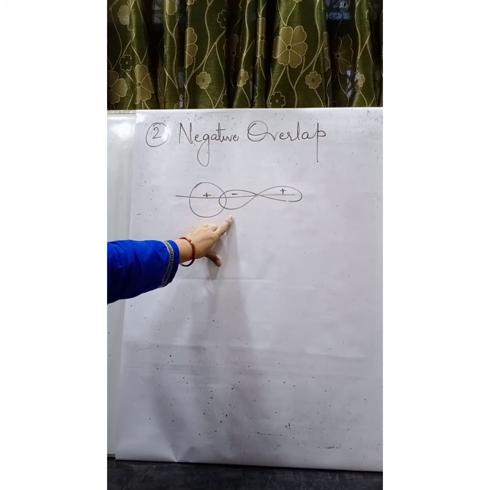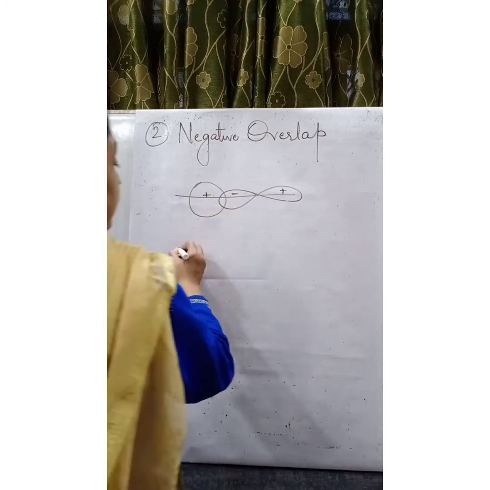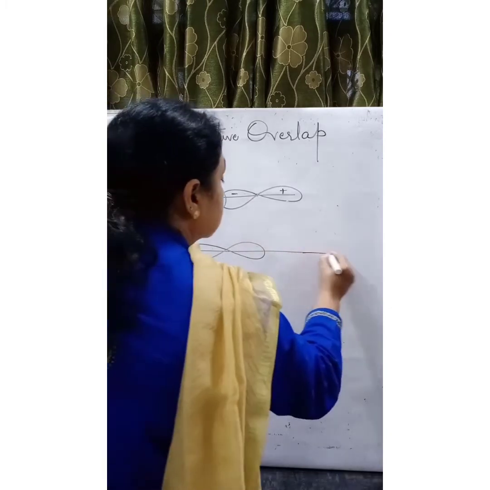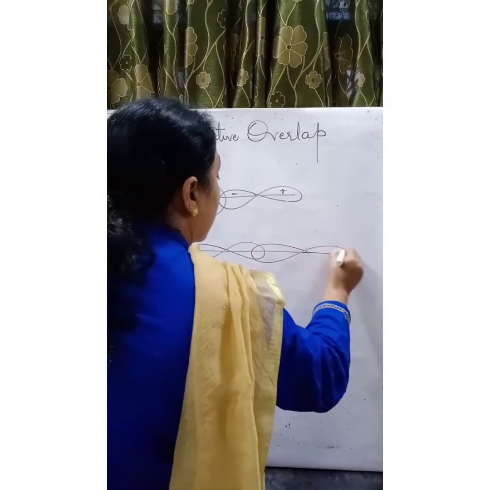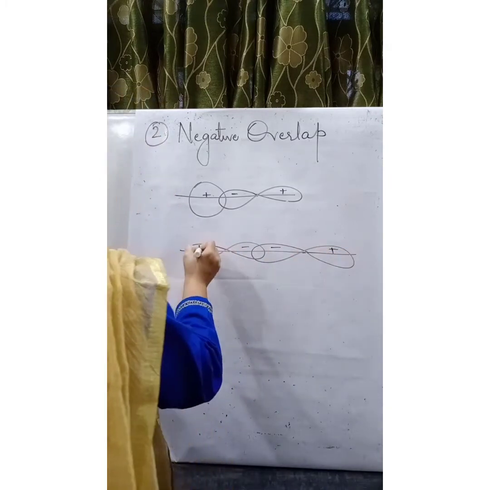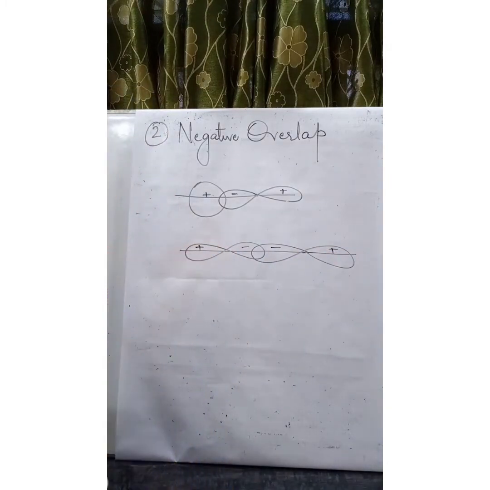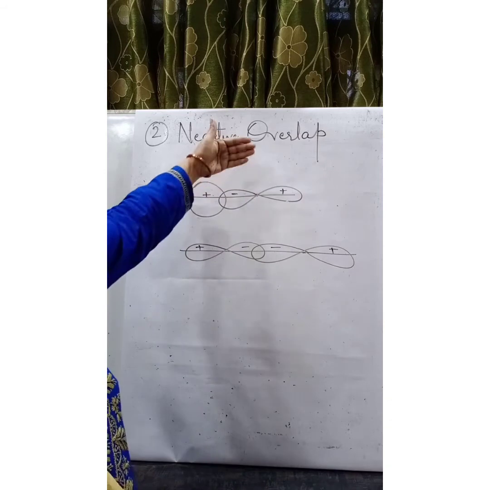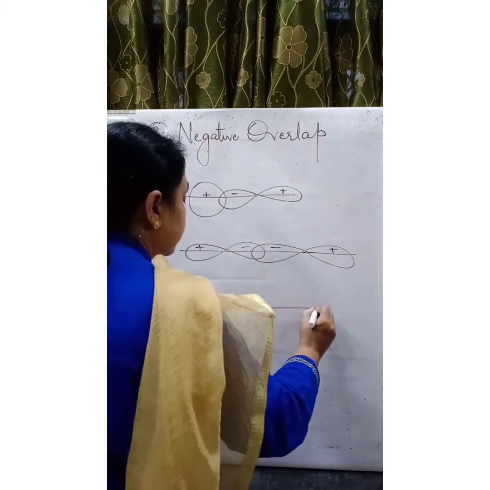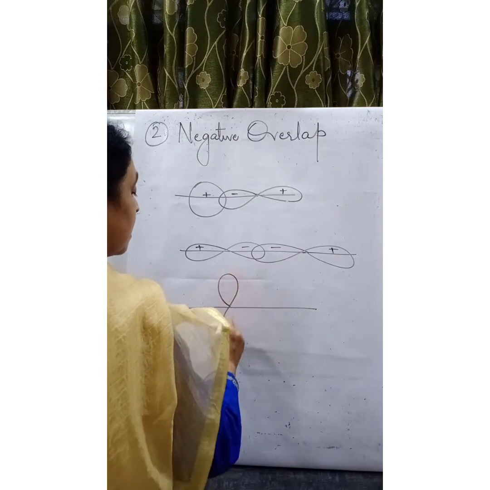We can also have another example of this, when two p orbitals overlap in such a way that the negative lobes overlap each other, then it is an example of negative overlap. We can take another example also.